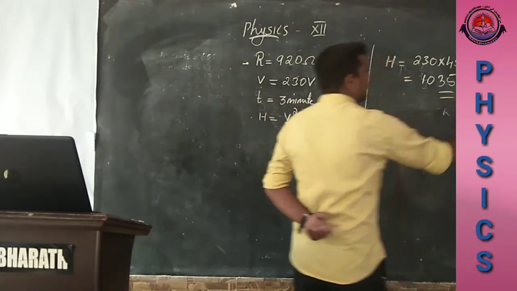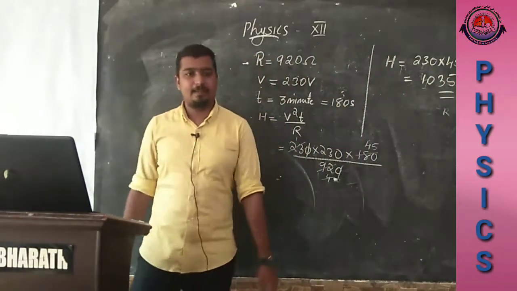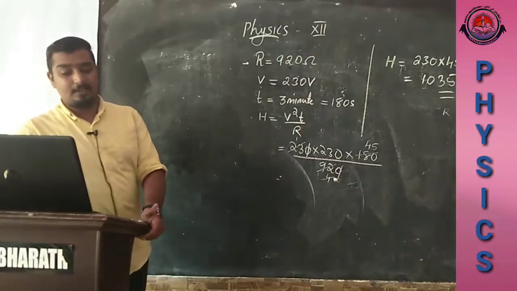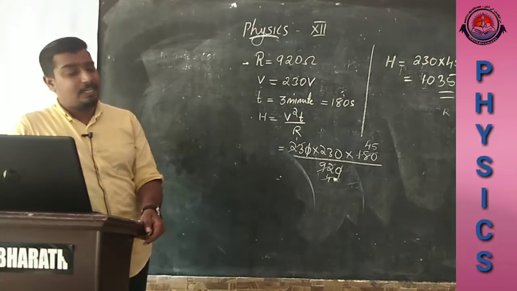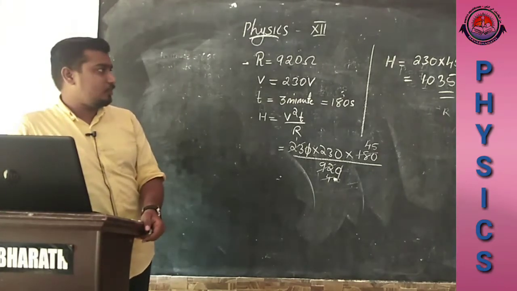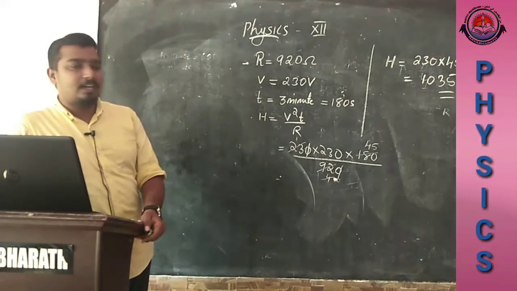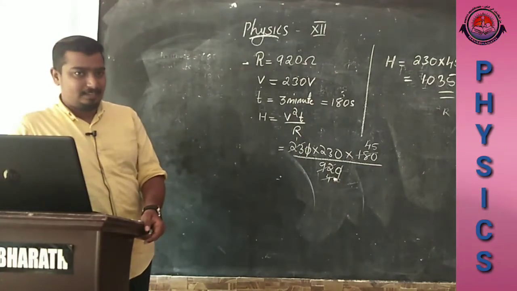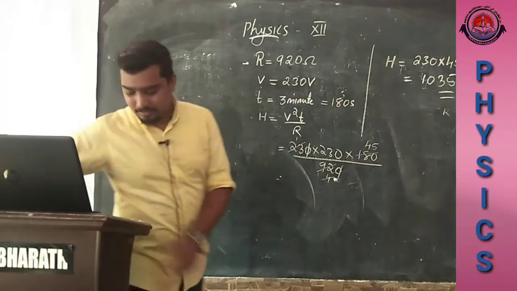This much joule. This is the heat developed in 3 minutes by a device of resistance 920 ohm working under 230 volt. Is it clear? Okay, next.